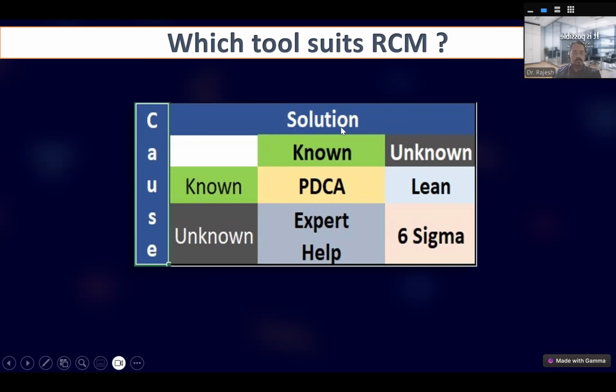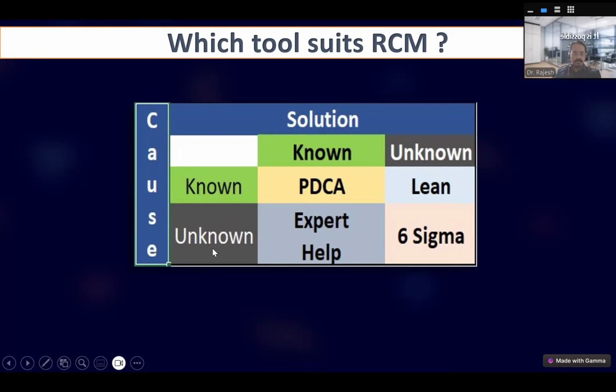See what the lean methodology says: when you know your cause and you know your solution, you don't need to bring a lot of different tools. PDCA is the perfect tool for that, right? When coming to the second one, I know the cause, I don't know the solution, go to lean. When I don't know my cause but I know the solution, in that scenario, go to expert help.